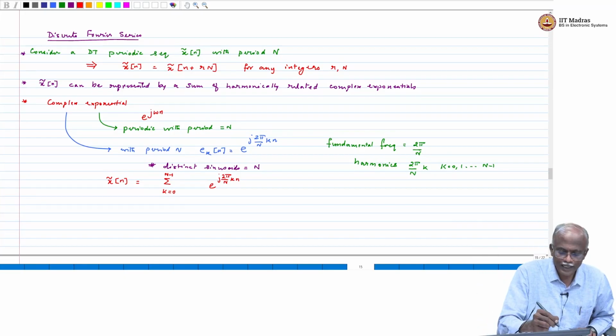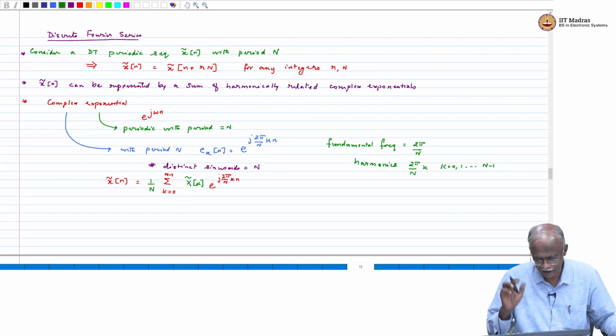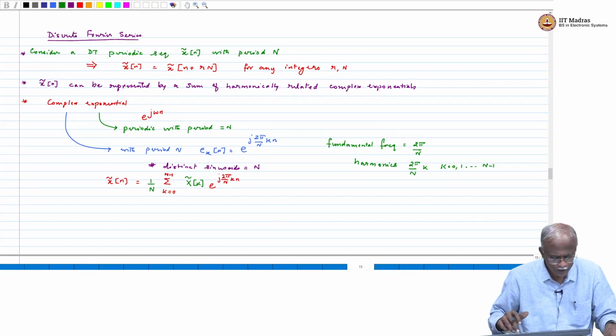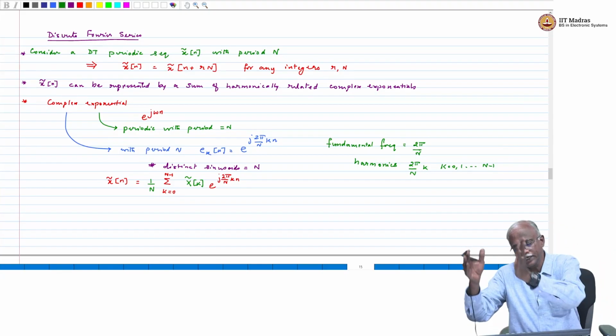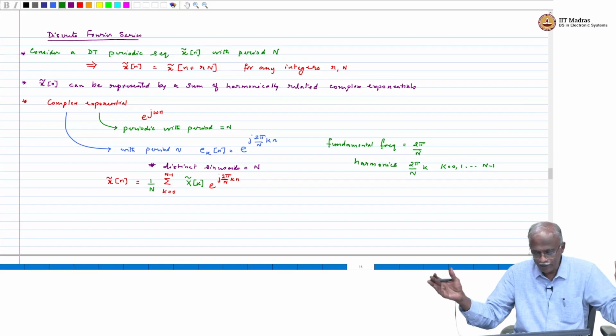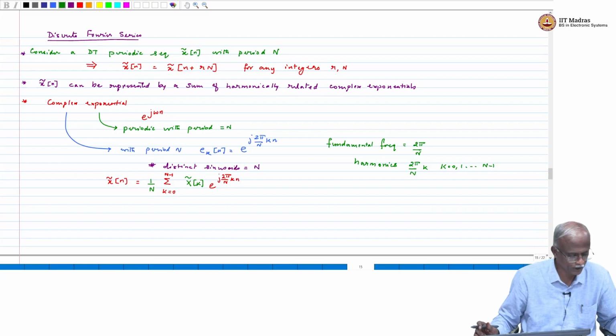They are going to be weighted by certain coefficients, which we call x tilde of k. And then we also introduce a scale factor of 1 over N. We will explain what the scale factor is there for. So we have a periodic signal x tilde of n with period N. There are N complex exponentials which have the same period N, and we are writing it as a weighted sum of these N complex exponentials.